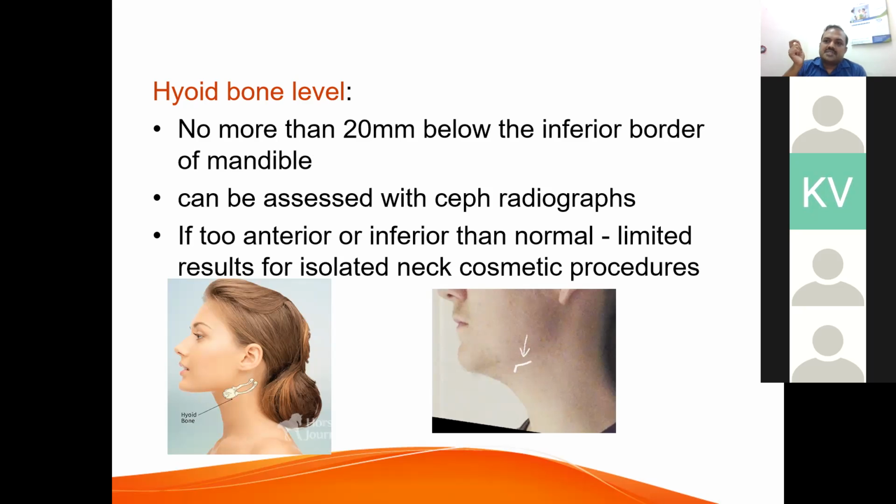We can assess the position of the hyoid bone with a lateral cephalometric radiograph, which clearly identifies it. If the patient has an inferiorly positioned hyoid bone and cosmetic neck procedures are planned, it is better not to proceed. We can assess that preoperatively.